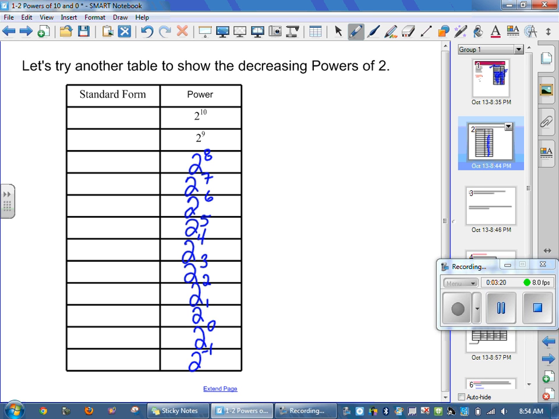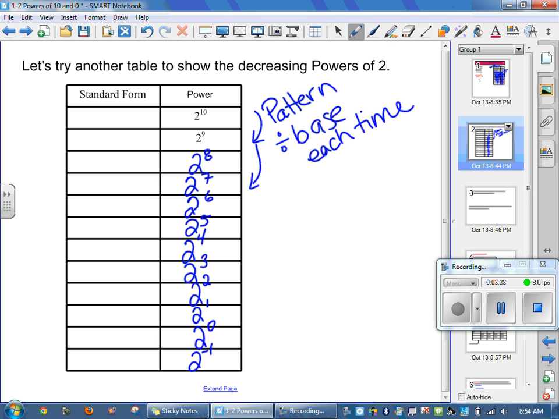So what number is my pattern dividing by every time this time? It's dividing by 2. So my pattern divides by our base again each time.